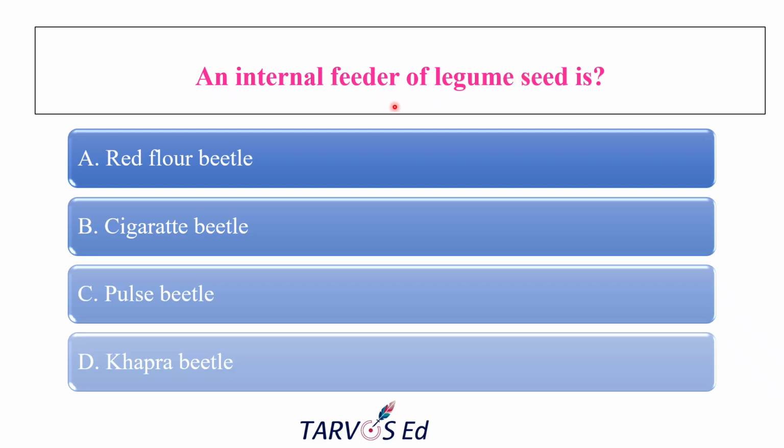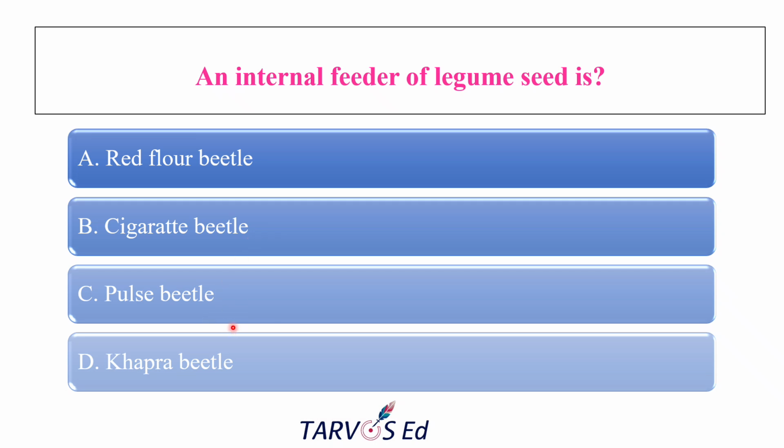Here, the options given are red flour beetle, that is Tribolium castaneum, and cigarette beetle, also a very important pest, Lasioderma serricorne. Then pulse beetle, Callosobruchus species.